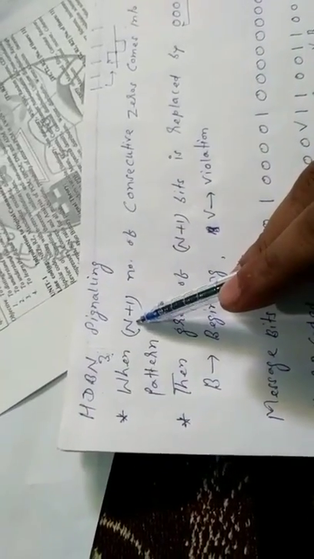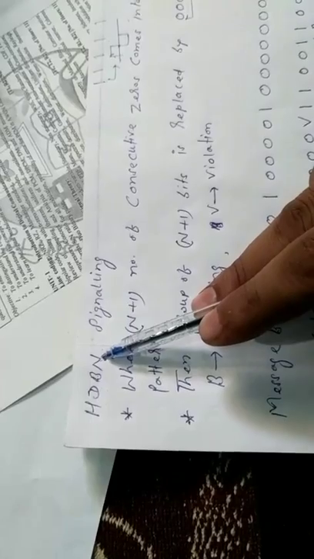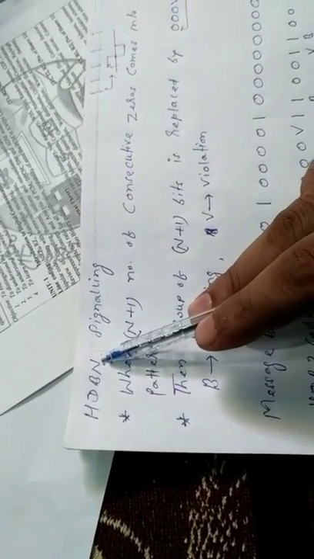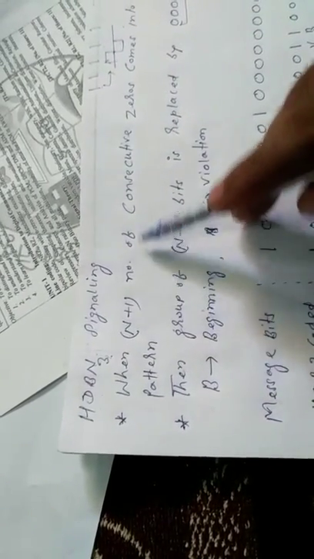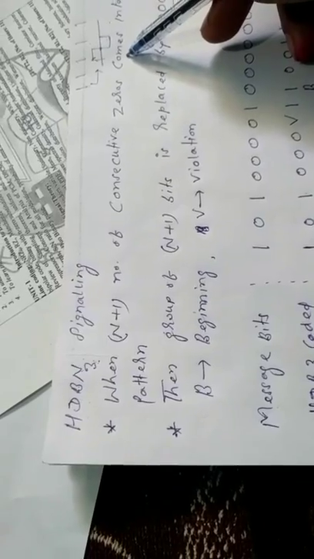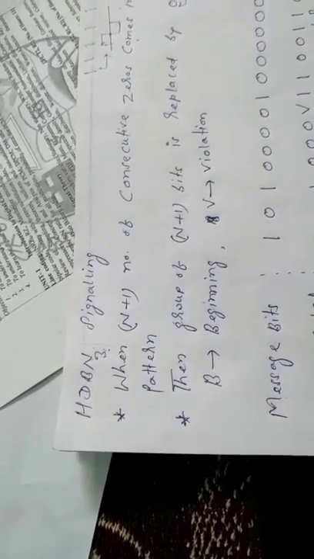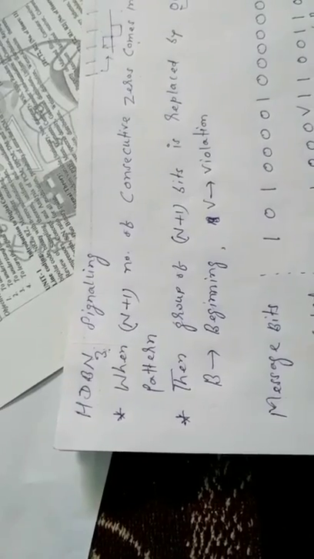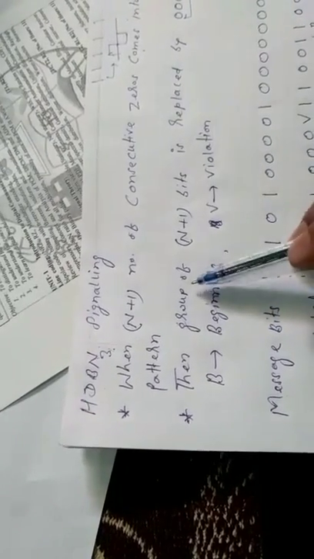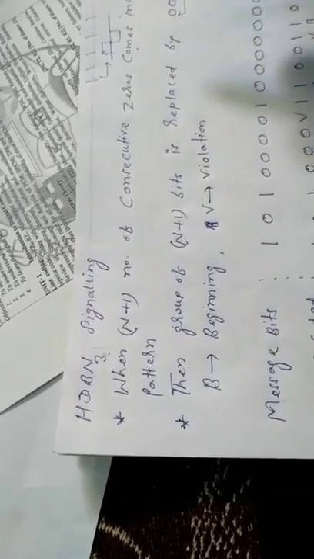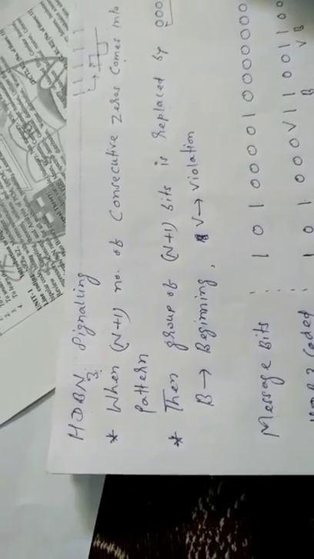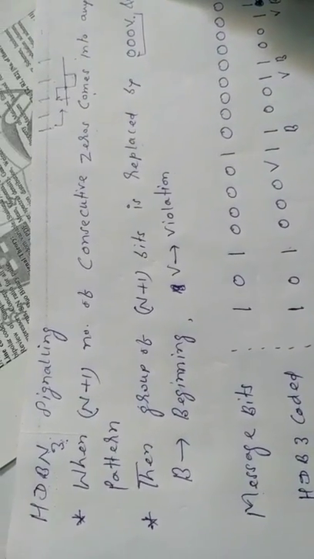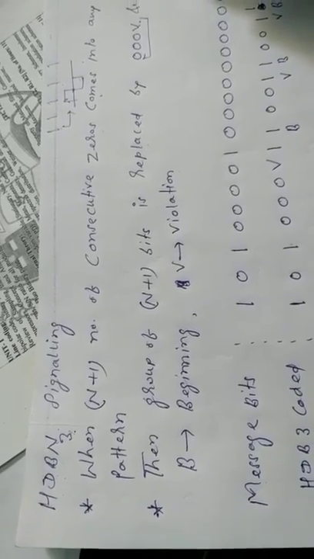Now if N is some value that we take, then we must search for N plus 1 consecutive zeros in any binary pattern. If it comes, then we will replace a group of N plus 1 bits: the first group will be replaced by 000V, and the next successive groups will be replaced by B00V, and this group will be of 4 bits.